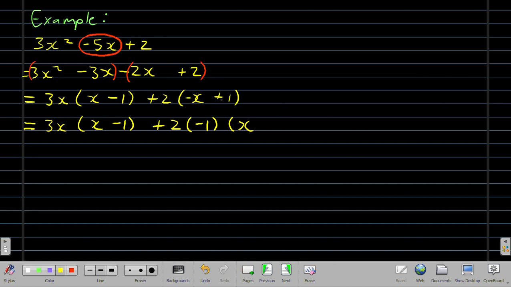And here, in order to get a positive 1, I'm going to have to multiply negative 1 with a negative 1. And just like that, we now have a common factor here and a common factor here. And this can really be considered minus 2. So 2 times minus 1 is just minus 2. Alright, so now we can take out a common factor of x minus 1.